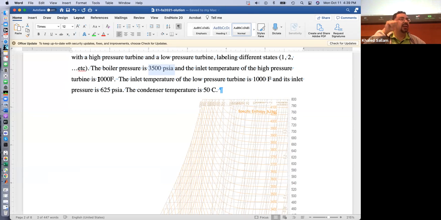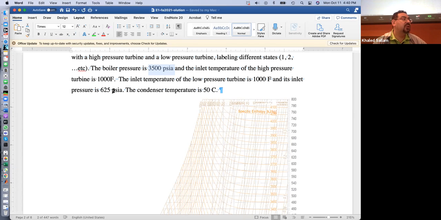That's when I leave the boiler and go into the turbine. And the inlet temperature of the low pressure turbine is 1000 also. So he took it all the way up to the same temperature as the high pressure turbine inlet. And its inlet pressure is this.